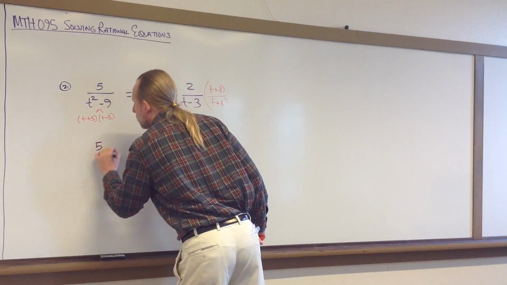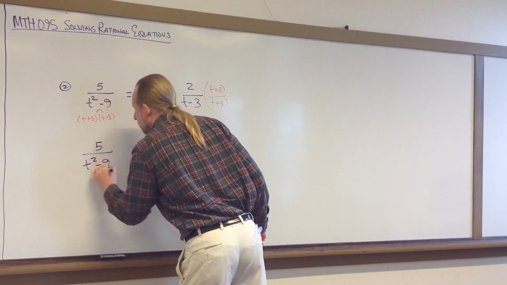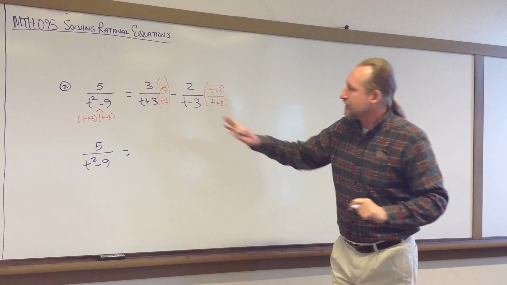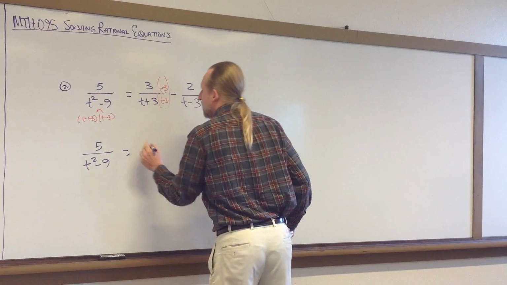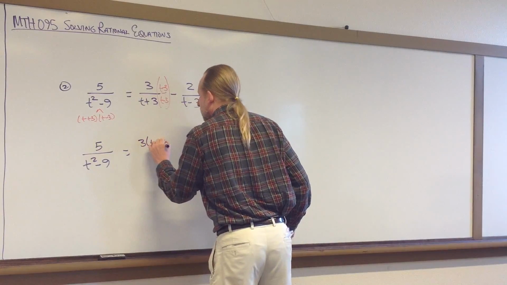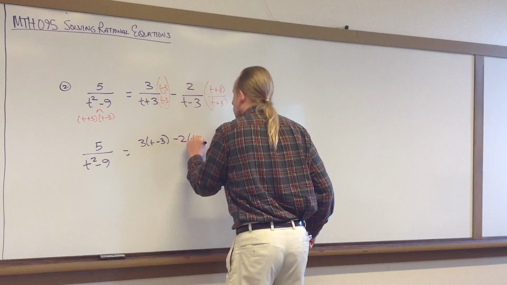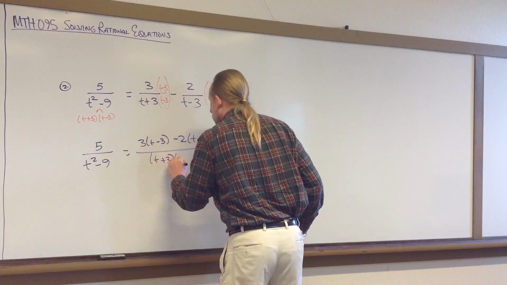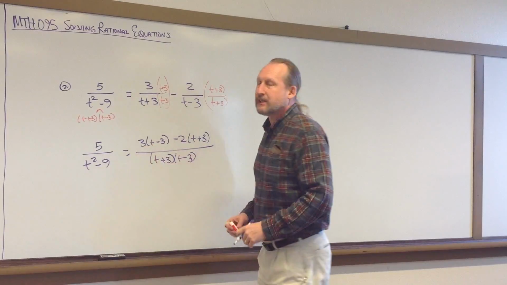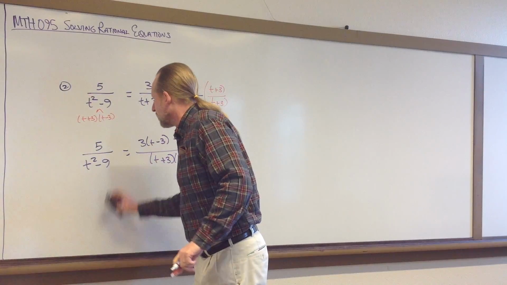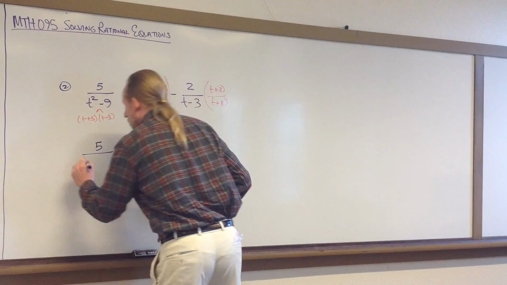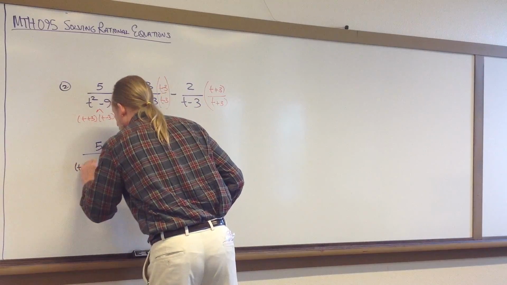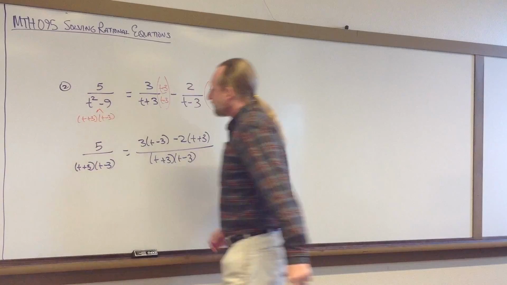So what we come out of this with is 5 over t squared minus 9 over here. Here we'll have 3 times t minus 3 minus 2 times t plus 3 over t squared minus 9. I mean, maybe I'll write it so that it looks exactly the same, but this is our common denominator.